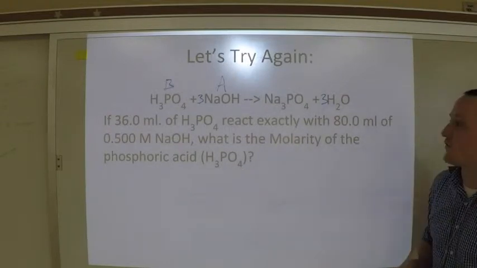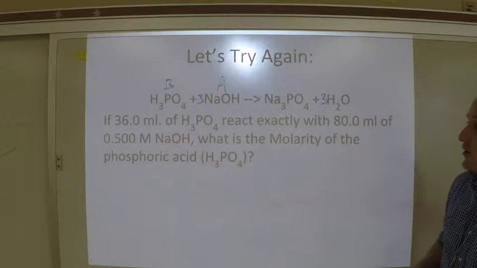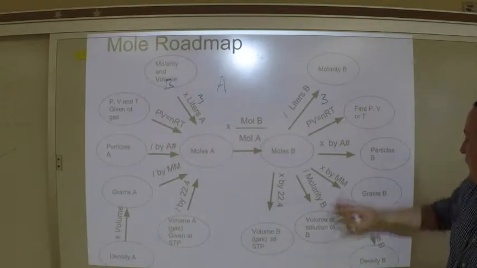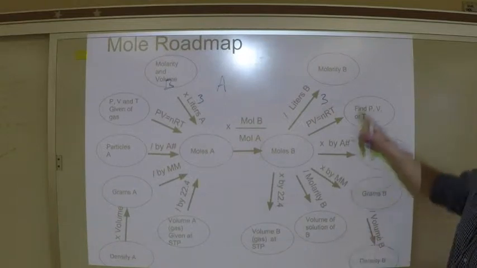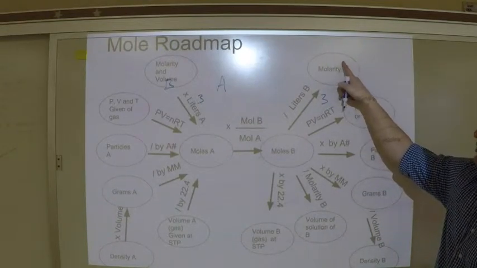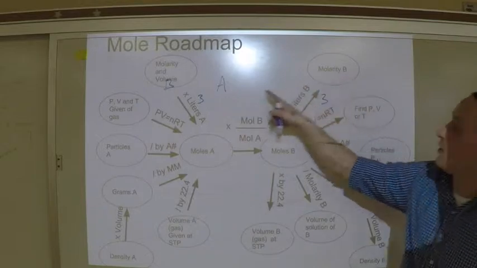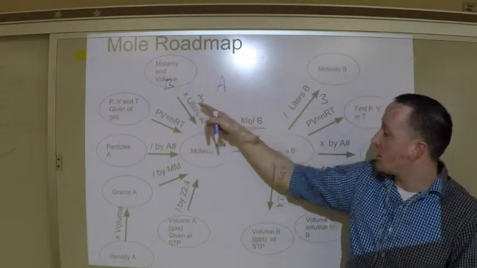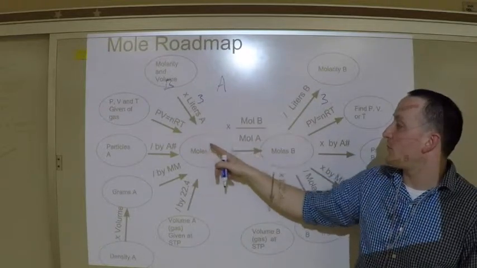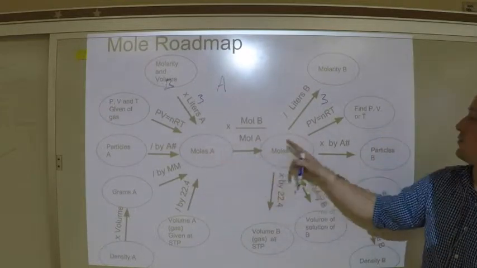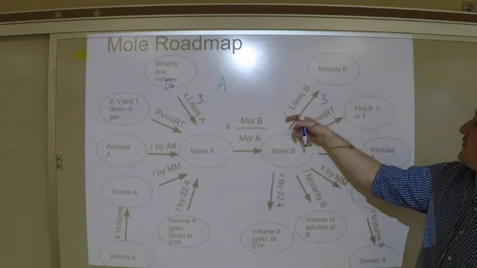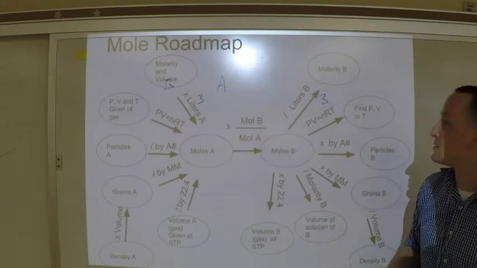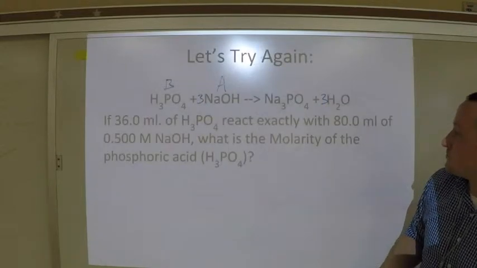In order to find that, I need to find where that is. Oh, here is molarity of B. So in order to change from molarity and volume of my given substance, I need to multiply by liters to get to moles of A, multiply by my mole ratio, and then divide by the liters of substance B. Okay? So, here we go.